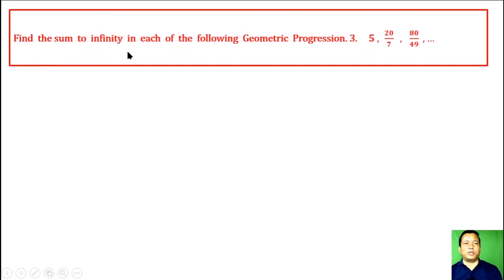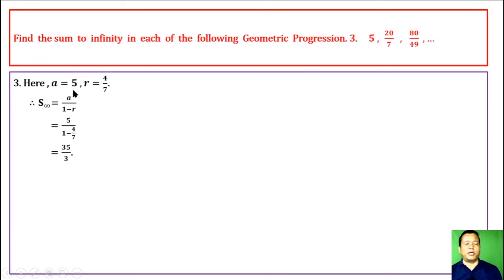Find the sum to infinity in each of the following geometric progressions. Question 3. 5, 20 by 7, 80 by 49, etc. Here a is 5, r is 4 by 7. How is r obtained? When the second term is divided by the first term, we get 4 by 7. Use S infinity equal to a by 1 minus r. a is 5, r is 4 by 7. Solving, 35 by 3, which is the required sum.